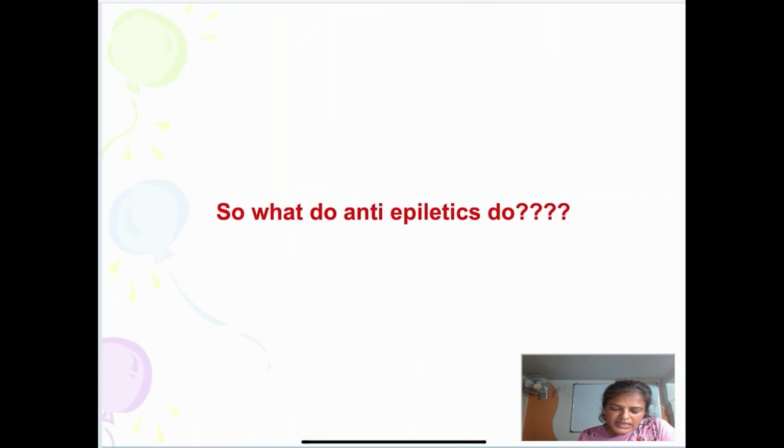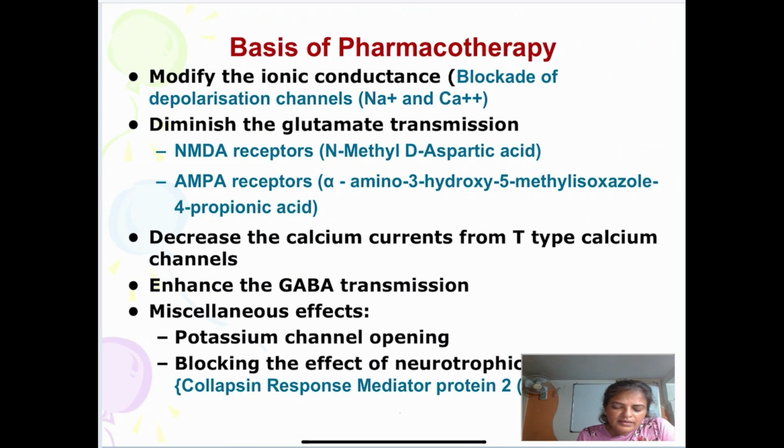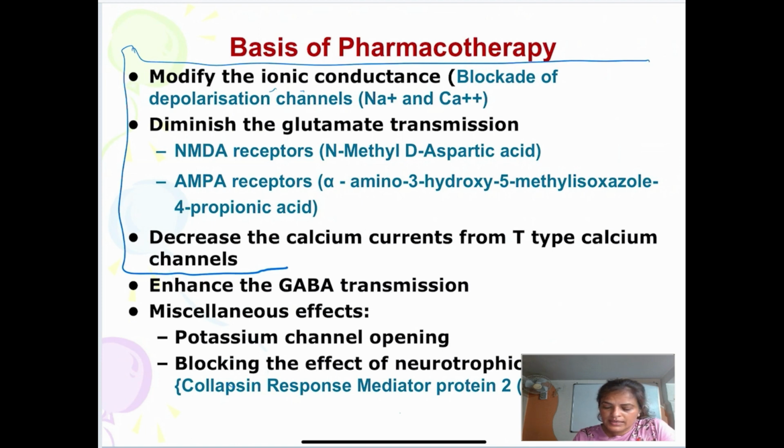So what do anti-epileptic drugs do? You can see here, they are going to modify things. They are going to decrease the activity of the excitatory neuron, and enhance the activity of inhibitory neurons.